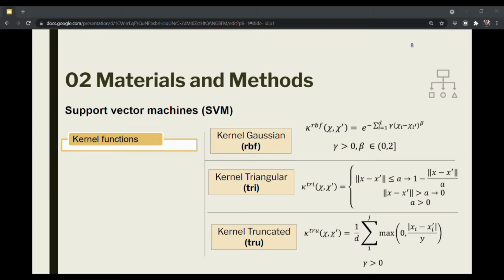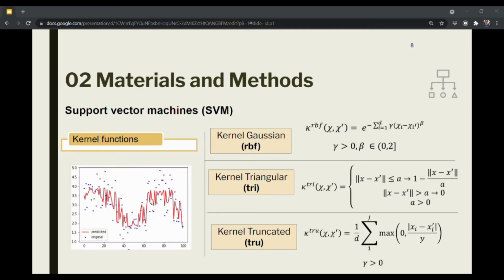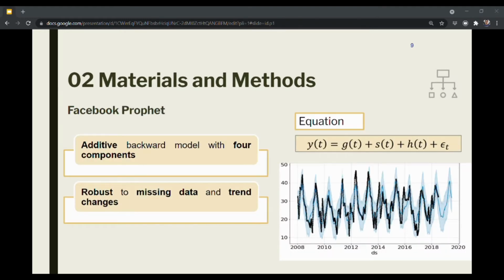Prophet is an open source software procedure for forecasting time series based on an additive model where nonlinear trends are adjusted for annual, weekly, and daily seasonality.